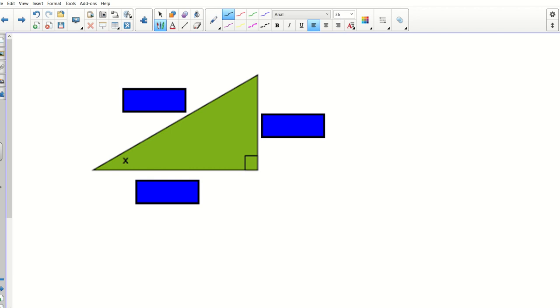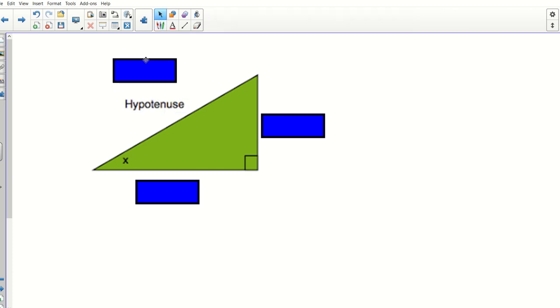So given this right triangle, angle X is my reference angle. How would you label the sides? The first thing that does not change: the longest side right here will be our hypotenuse. Because angle X is here, I have two other options, the opposite and the adjacent.